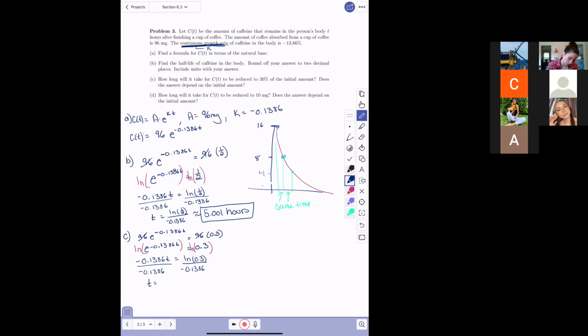So t is equal to the natural log of 0.3 divided by negative 0.1386, which is about equal to what? I got 8.6867. Yep.